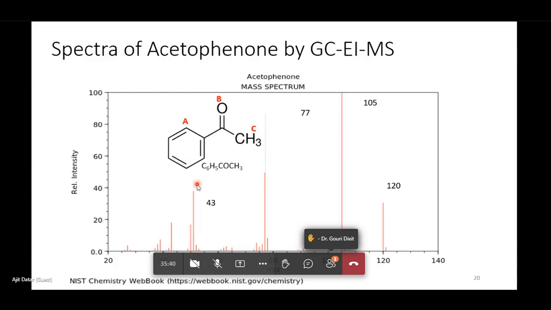So you are getting information like this about this molecule, and when you look at the library, it will definitely predict the structure of the compound as acetophenone when it sees this kind of spectrum. Now what is important here is the position on the M by Z axis, the mass axis, and also the intensity of each peak.